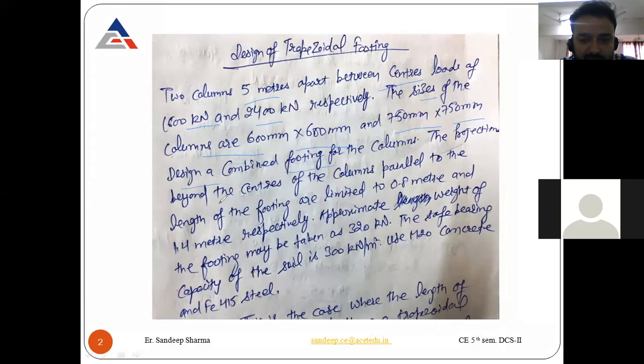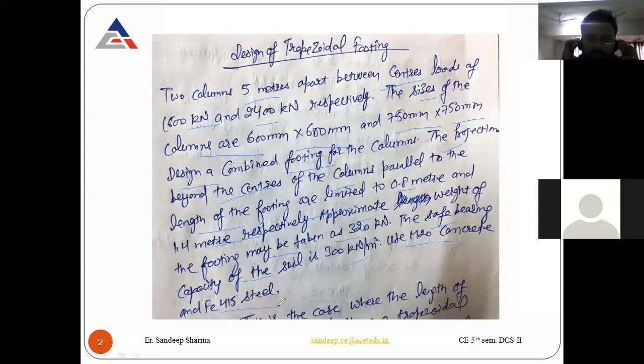The projections beyond the center of the column parallel to the length of the footing are limited to 0.8 meter and 1.4 meter respectively. The approximate weight of the footing may be taken as 320 kilonewton, which is given to you, and the safe bearing capacity of the soil is 300 kilonewton per meter square, which is also available here. And we have to use M20 concrete and Fe415 steel.